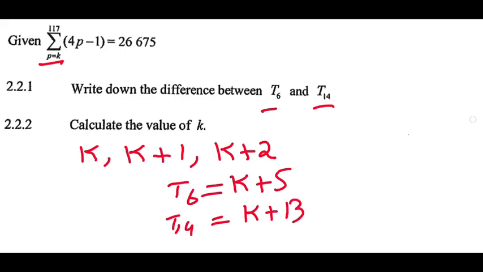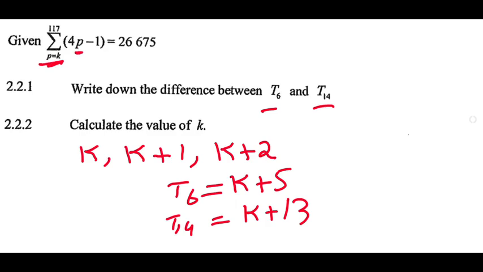Now P is equal to K, and we're going to replace P with K in 4P minus 1, so it will be 4K minus 1.